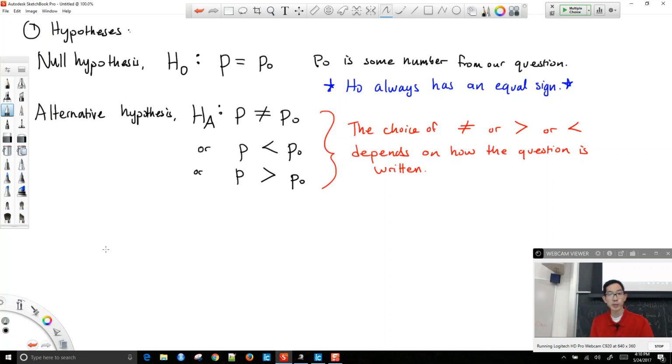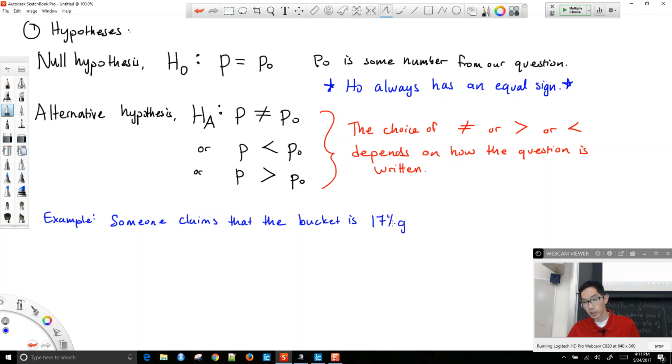So, for example, we can say that someone claims that the bucket is 17% green M&Ms. Okay? Someone claims that the bucket is 17% green M&Ms.